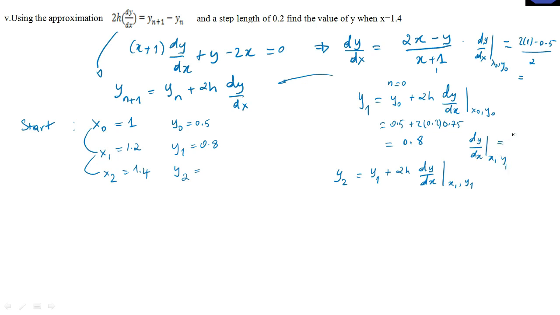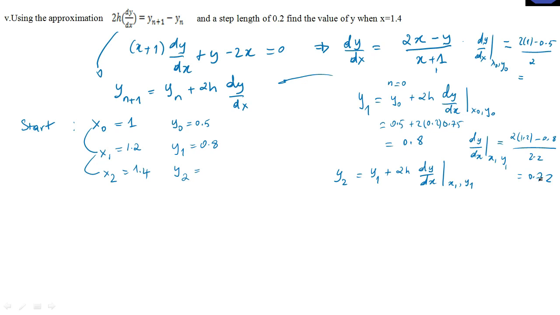So this is going to be (2 times x1, which is 1.2, minus y1, which is 0.8) divided by 2.2. This will give me 0.72.